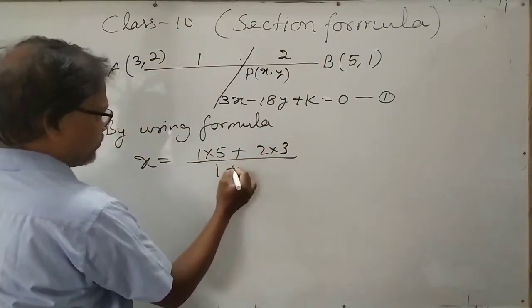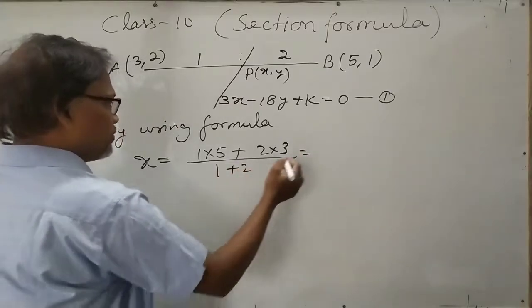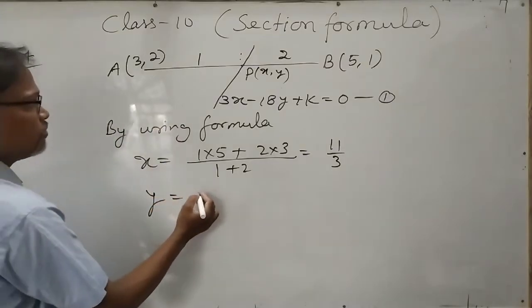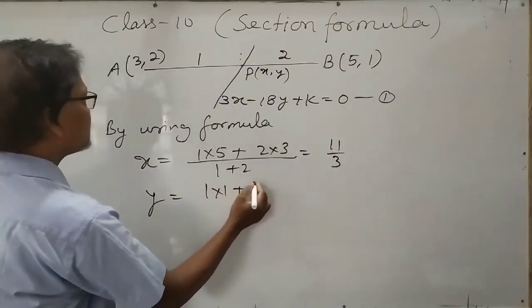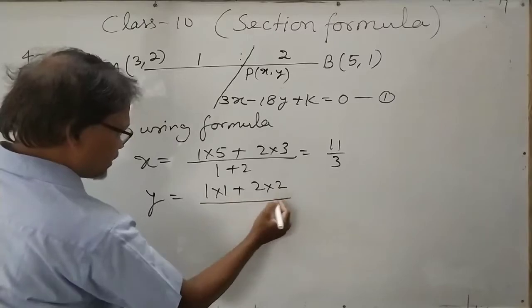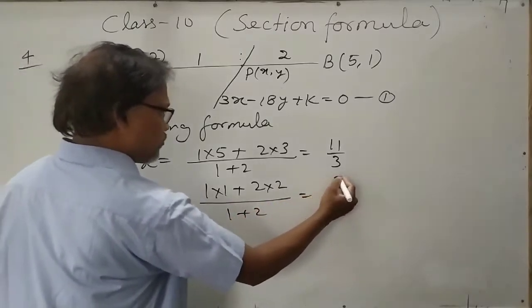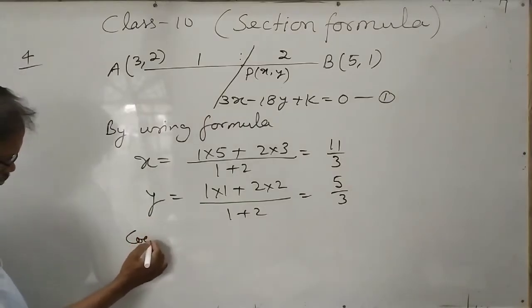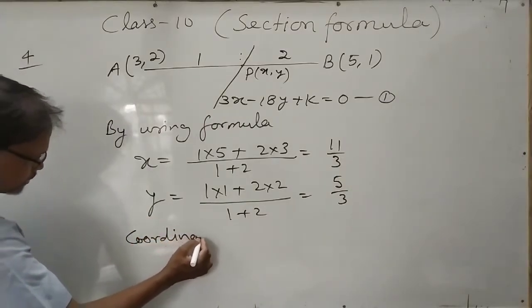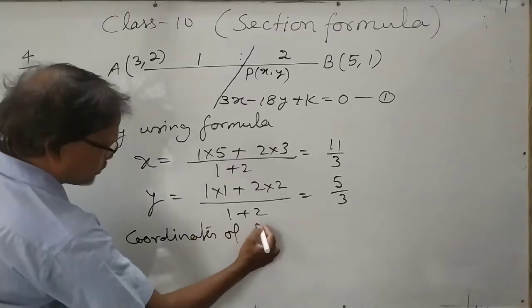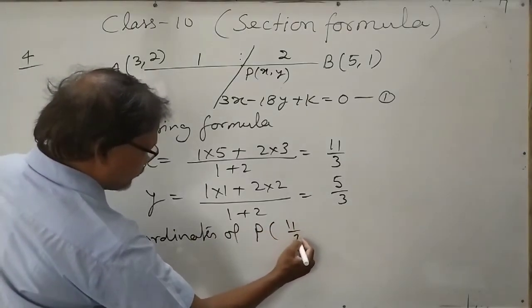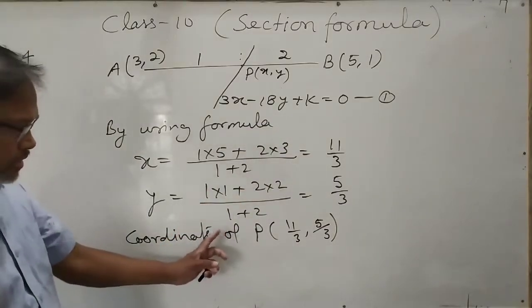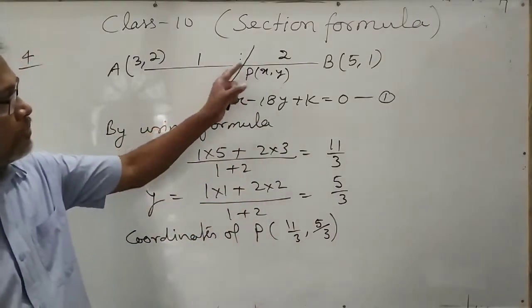And y is equal to 1 into 1 plus 2 into 2 divided by 1 plus 2, which is 5 by 3. So the coordinates of P are (11/3, 5/3).